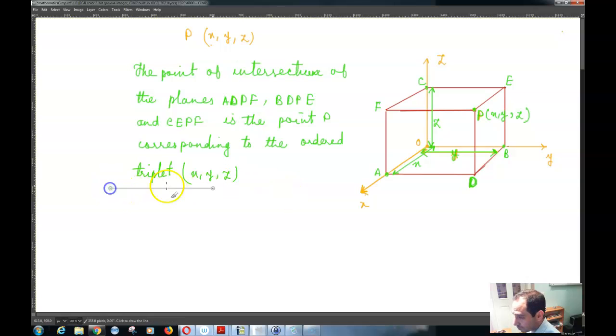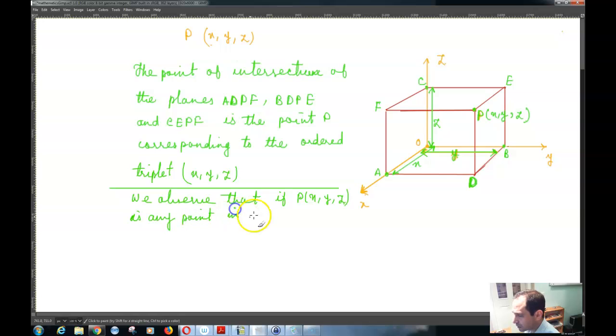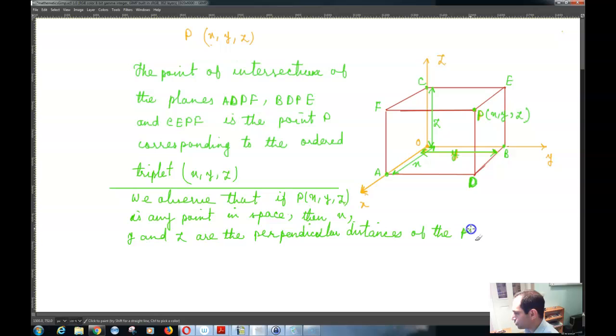And one more thing that is important is that we observe that if P with coordinates X, Y, and Z is any point in space, then X, Y, and Z are the perpendicular distances of the point P from the planes.